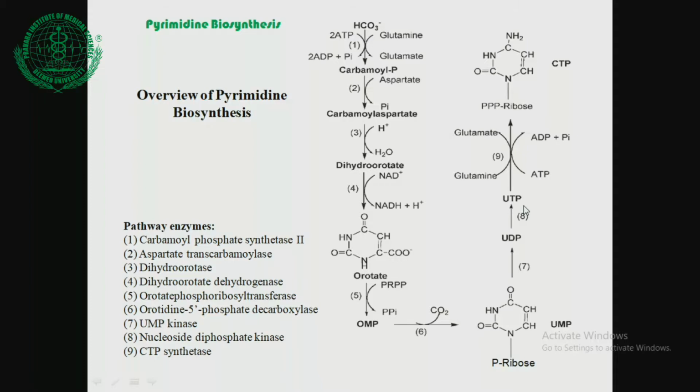Uridine triphosphate is converted into cytidine triphosphate through an amination process where glutamine is converted to glutamate, and the amide group is donated to uridine triphosphate, and that gives you cytidine triphosphate. The step is mediated by cytidine triphosphate synthetase.